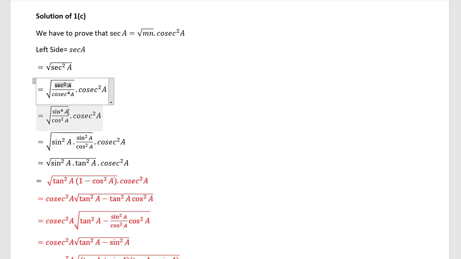Now sine power 4a. So we will break it down like this: sine square a into sine square a by cos square a, because we need to bring tan square a, and this cosec square a will remain the same.